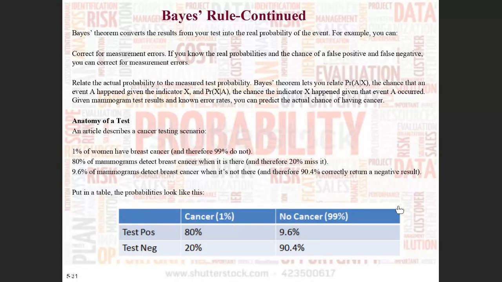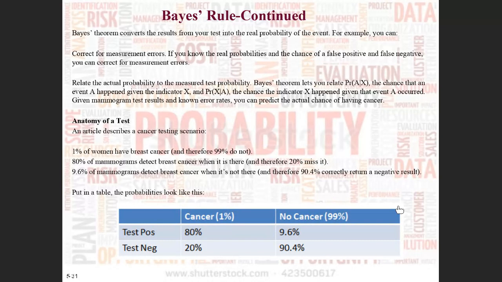The complement of 1% of women having breast cancer is 99% who do not. 80% of mammograms detect breast cancer when it is there, and therefore 20% miss it. 9.6% of mammograms detect breast cancer when it's not there, and therefore 90.4% correctly return a negative result.